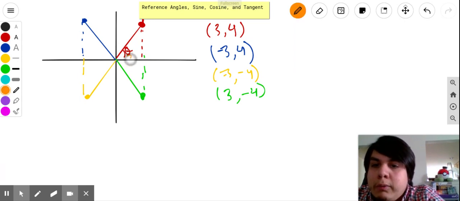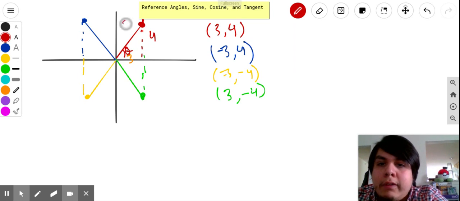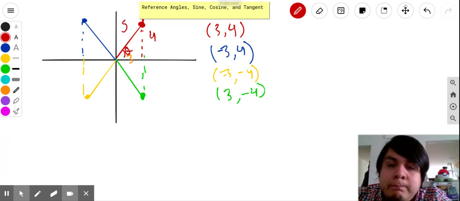I know this side length will be 3. This height will be 4. So if I use the Pythagorean theorem, I can figure out that the hypotenuse is 5. If you need a pause to figure out how I got that 5, go ahead and hit pause.